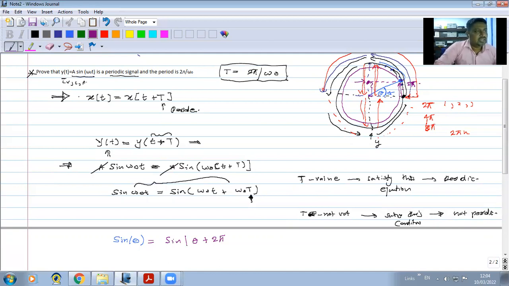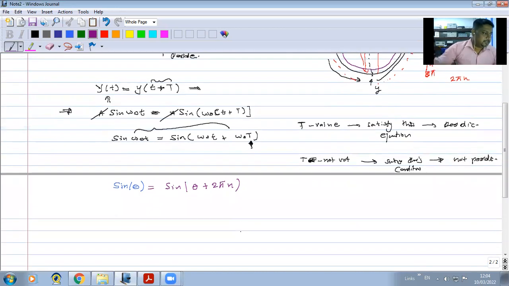Because it is going round and round here. So you can see that 2πn. So we can write that sine theta is equal to sine of theta plus 2πn. I hope you understand it. If you couldn't understand this point, you can ask me, then I can explain it again.